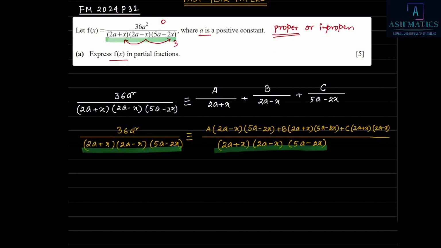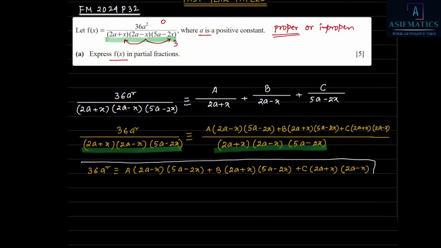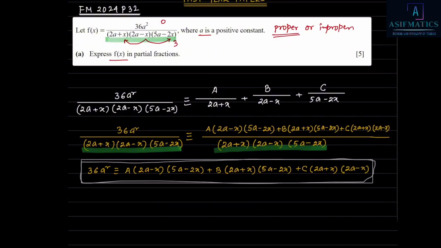And finally we can write 36a² is identical to A times (2a − x)(5a − 2x) plus B times (2a + x)(5a − 2x) plus C times (2a + x)(2a − x). Alright, so this is the main equation we have here now.